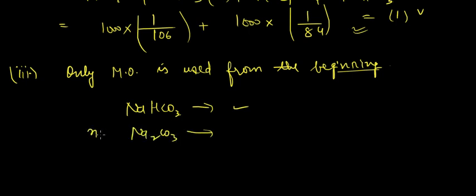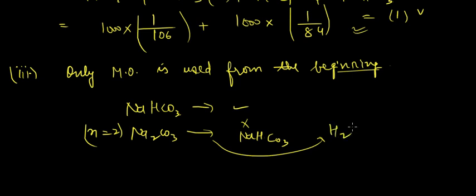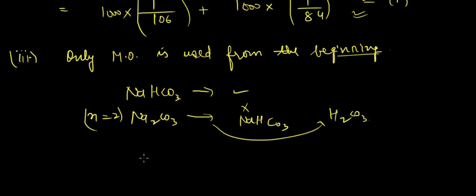The n factor of Na2CO3 here would be 2, because the first equivalence point won't be there, so NaHCO3 won't be formed here directly. Formation of H2CO3, or carbonic acid, would be there, so it directly forms H2CO3.